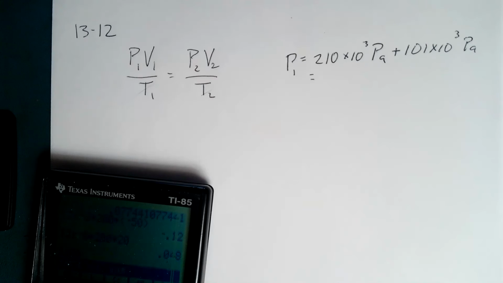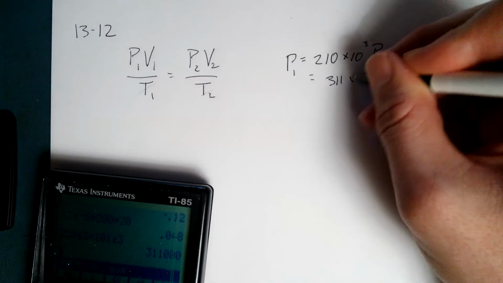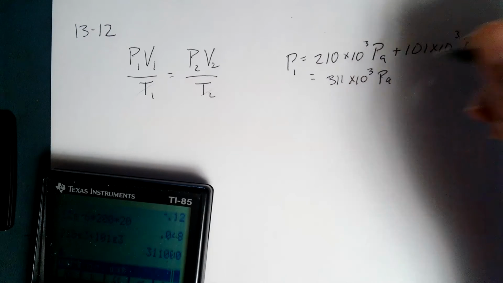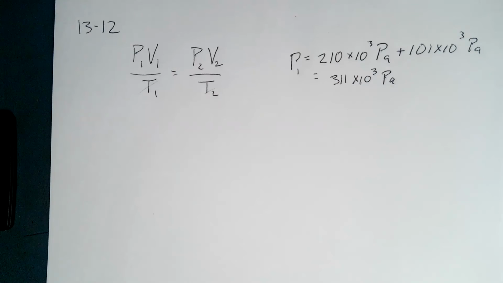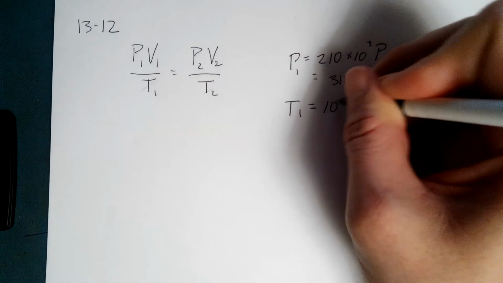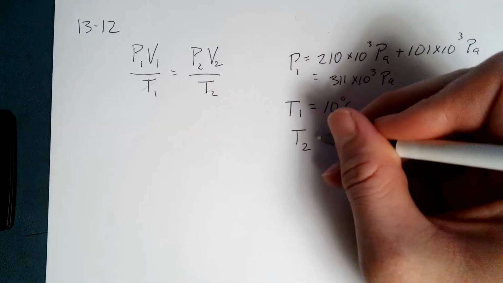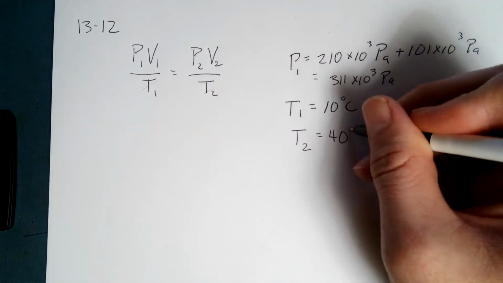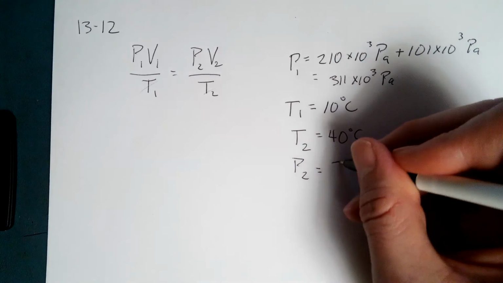Let's see. I shouldn't need a calculator for this. 311 times 10 to the third pascals. Okay. And after a drive of 100 kilometers, this is at 10 degrees C. Basically we're going to raise the temperature of the tire and everything inside to 40 degrees C, and we want to find the new pressure.